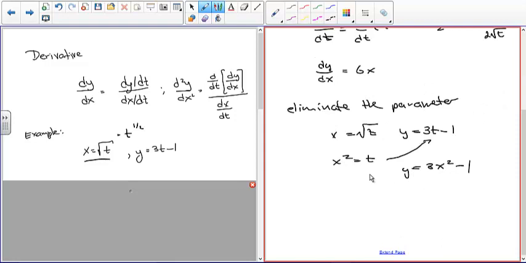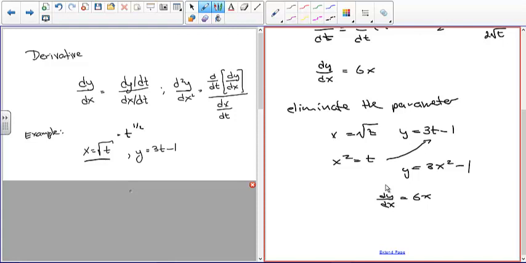And then if we take the derivative dy/dx, find the slope of the tangent line, when it's in this explicit form, you'll get 6x, which is exactly what we got doing it as a parametric equation. I mean, in this case, there's not a whole lot of point in writing the equations in parametric form, because you can write them as y versus x.